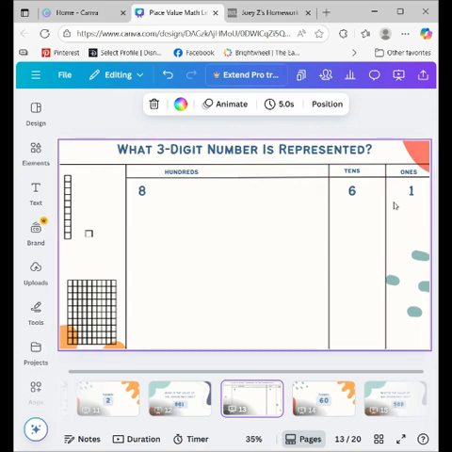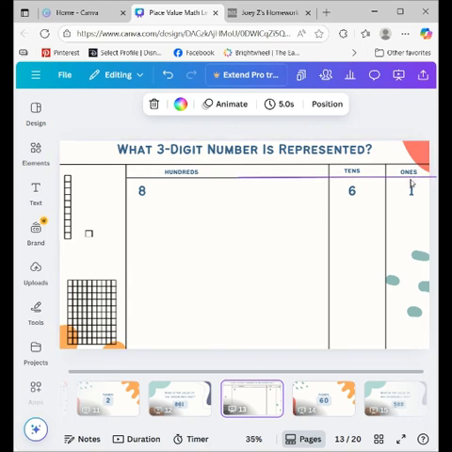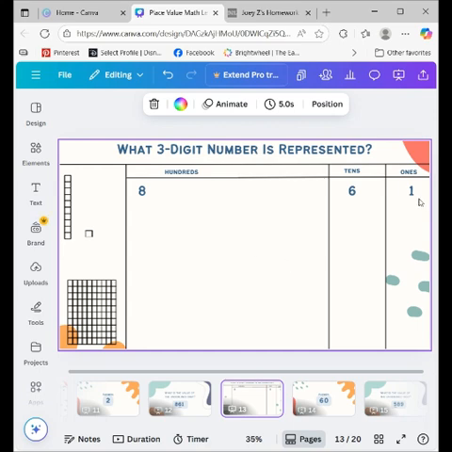So let's remember, we're always going to start with the ones place. The ones place goes first. So if this is in ones place and this is number 1, how many cubes do we need to bring over?